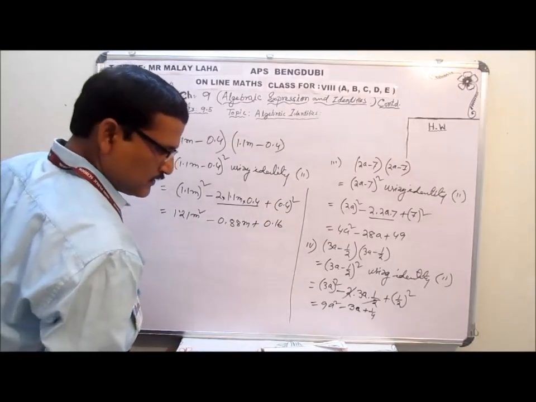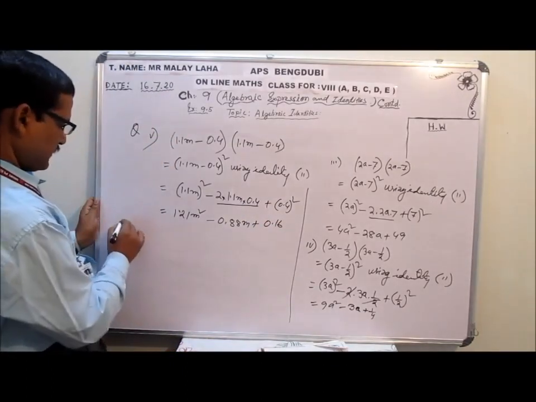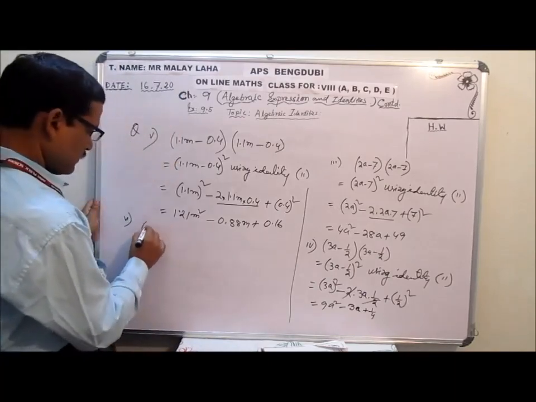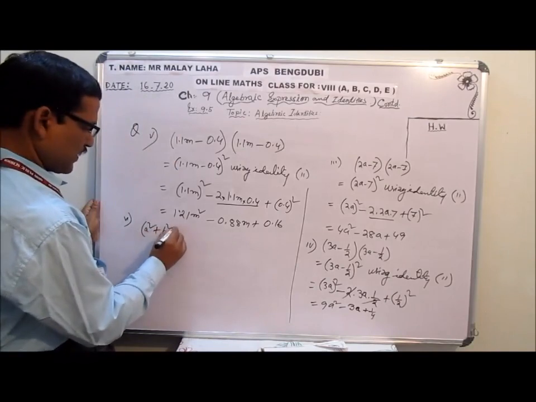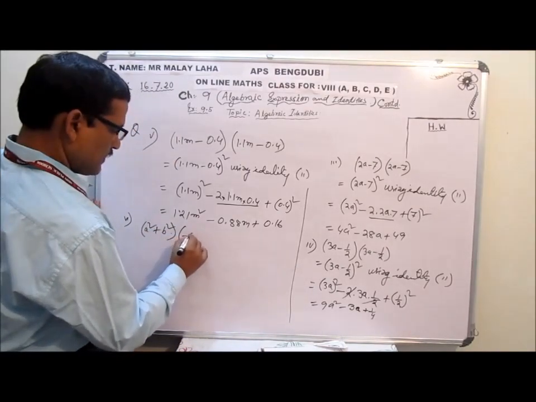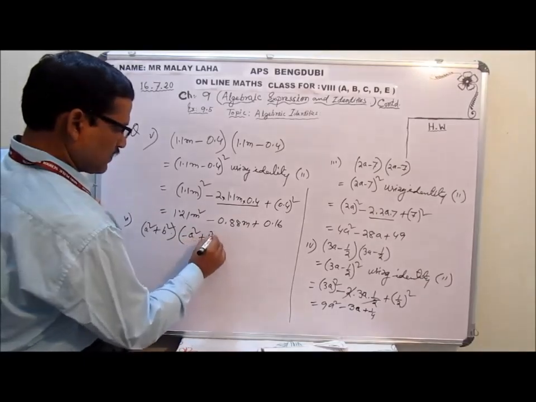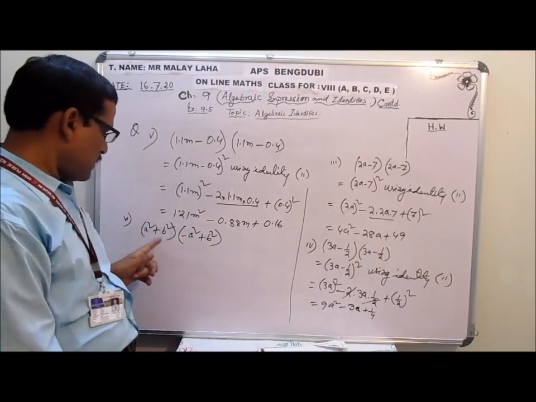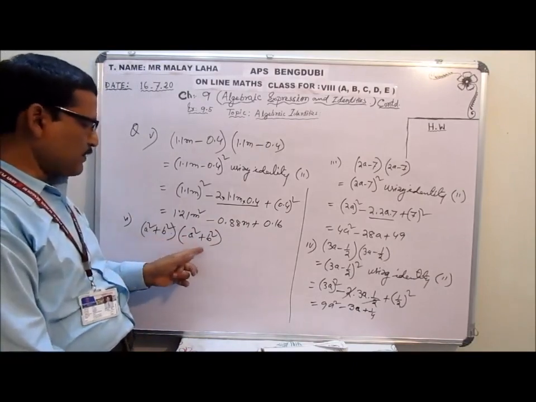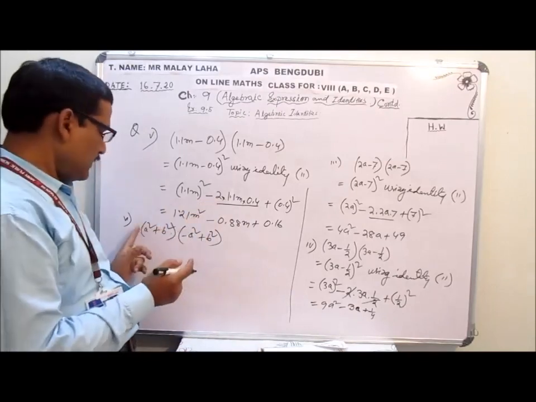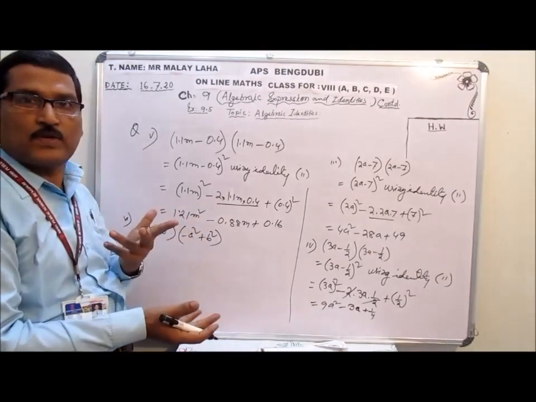Now next one is 6. (a square plus b square) minus (a square plus b square)... What will I do here? Just listen, check it. A square plus b square minus a square plus b square, but you see this is not matching. So we can rotate. A square plus b square and b square plus a square will be the same.